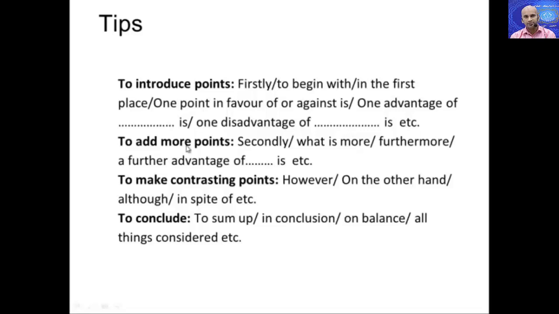To add more points, you can give, secondly, what is more, furthermore, in addition, a further advantage of this is. Now, to make contrasting points in the fourth paragraph, opposing points: however, on the other hand, although, in spite of, in contrast. To conclude: in conclusion, to sum up, on balance, all in all.